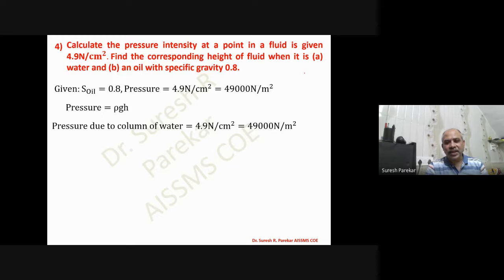Then we have to find the corresponding height. Pressure is given and we have to equate it to rho gh. Rho g we know, and we have to find the value of h. From this we get h for the water column as 5 meters.